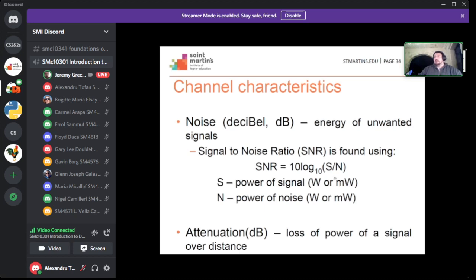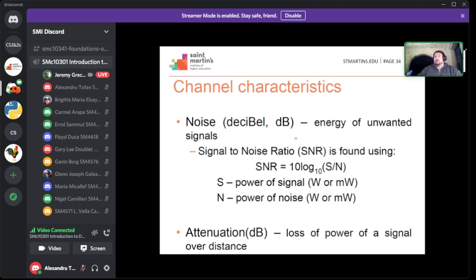It's kind of like saying if I had to divide euros with cents. Euros and cents are not the same base. If you're going to divide, you divide euros with euros, for example. In the same way, you're either going to divide watts with watts or milliwatts with milliwatts. So you have that division, S on N, and you're going to take the log to base 10 of that value and multiply that by 10.